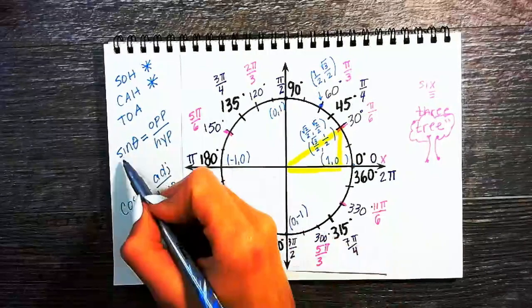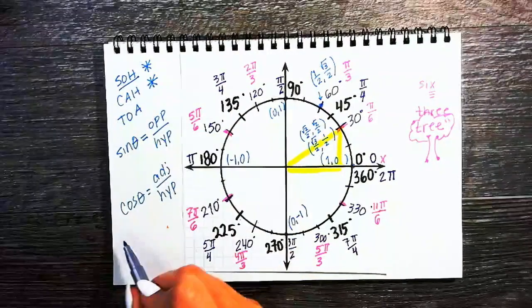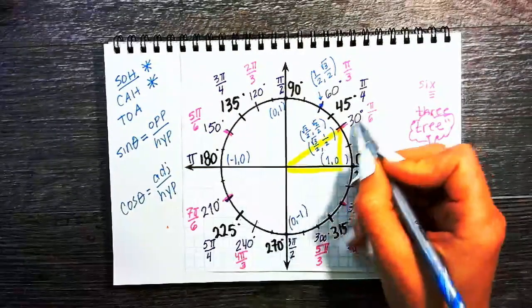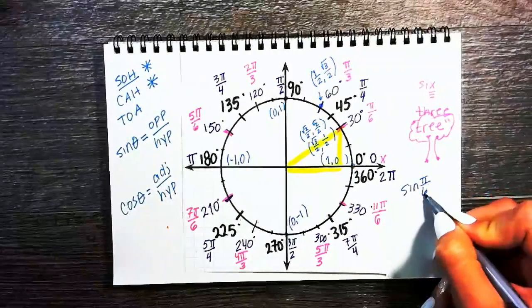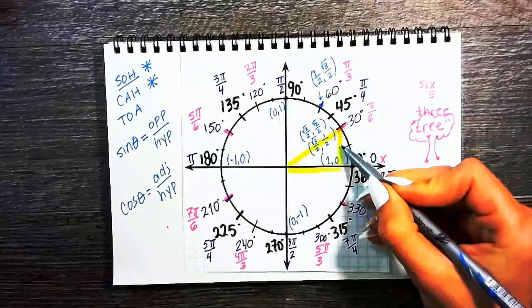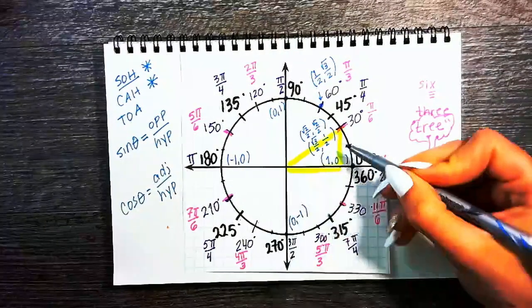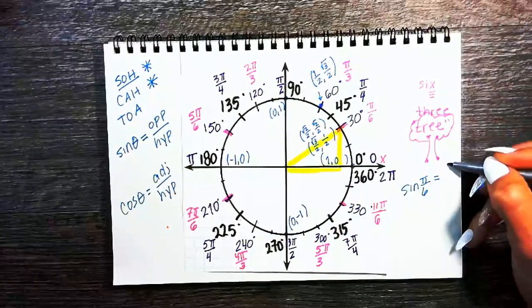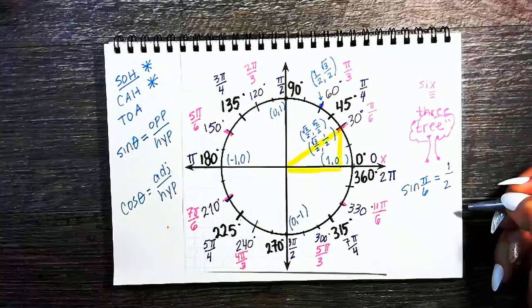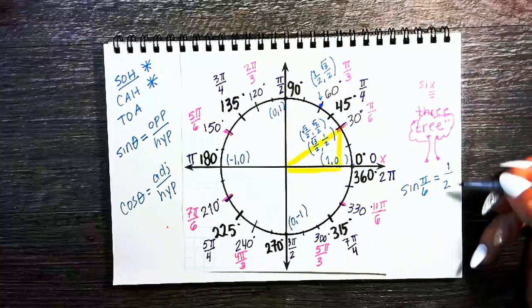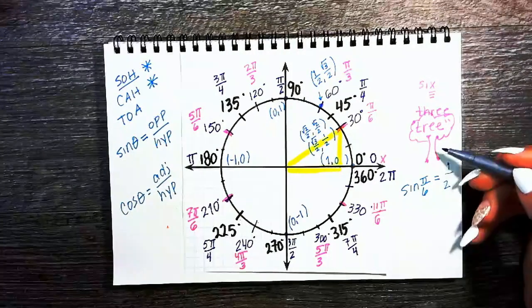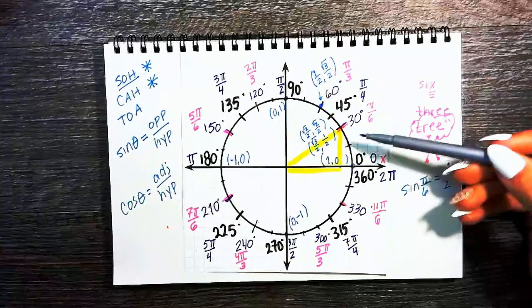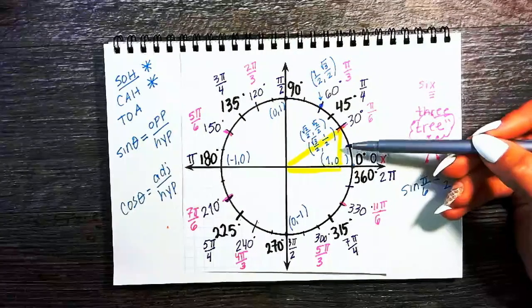So the sine of 30 degrees, or the sine of pi over 6, is opposite over hypotenuse. This side is 1/2. The hypotenuse is 1, so I don't need to do anything. So the sine of pi over 6 is the y value of the ordered pair on the unit circle.